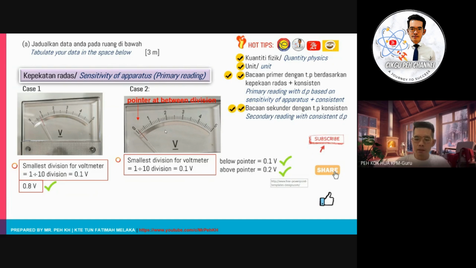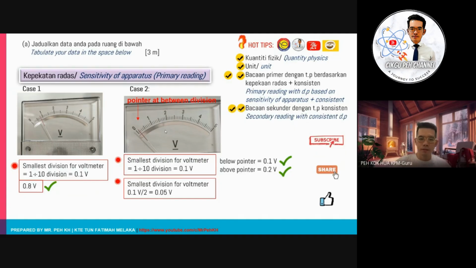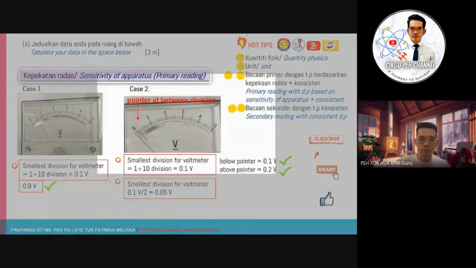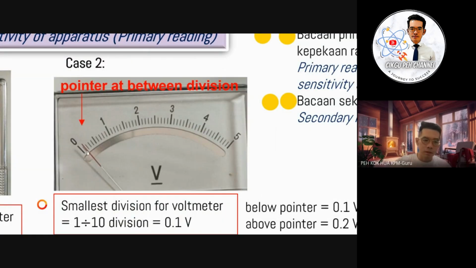Okay, but here you can also use a smaller division, where 0.1 volt was just now the smallest division. So you divide by 2. So you get 0.05. So that means when we take our smallest division at 0.05, this reading can be read as 0.15.